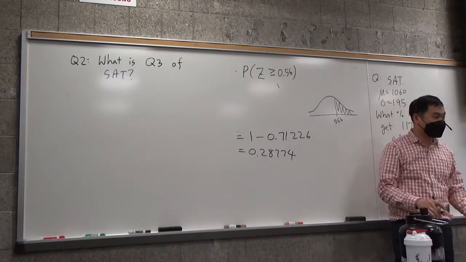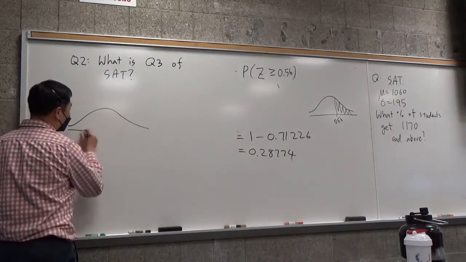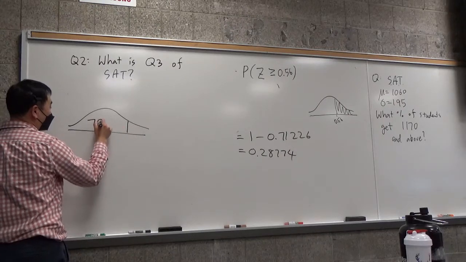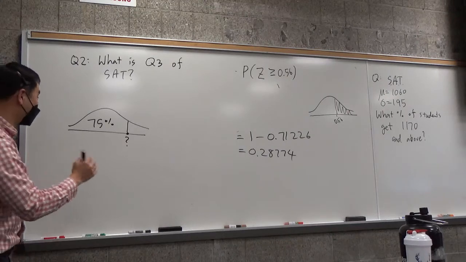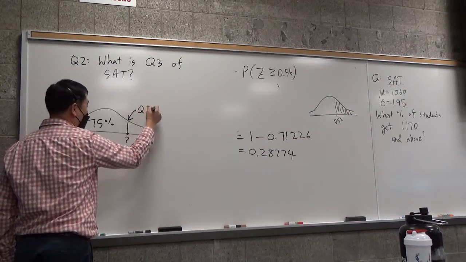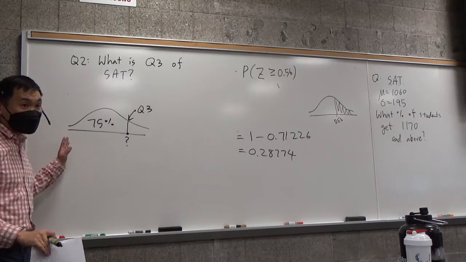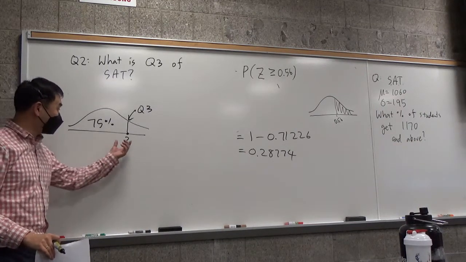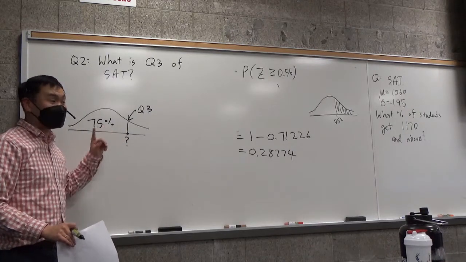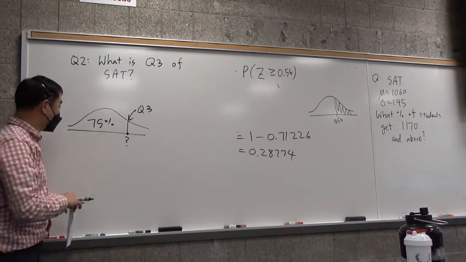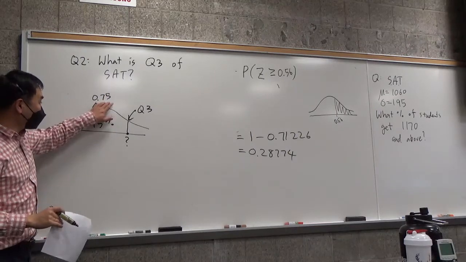From above or below? Below. So from below, this much is 75%, and it's asking for this value here. That's Q3. So now you see that the question is slightly altered. So far, the question was always that I give you the number, and you have to tell me the area, right? But now, the area is given. If you convert it to an area, this is 0.75. So with this given area, what is this number?